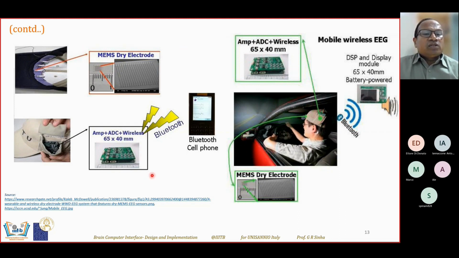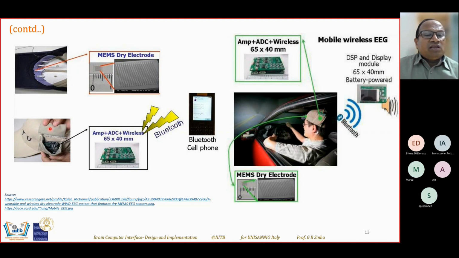Similarly, here you can see that the dry electrodes are placed. You are getting the signal, and 65 by 40 is the dimension of the same thing. What is interesting here is that this is nothing but some part of the second diagram. You can see the cap.